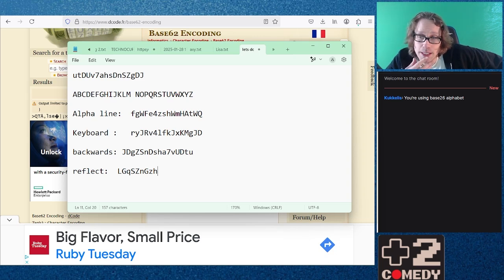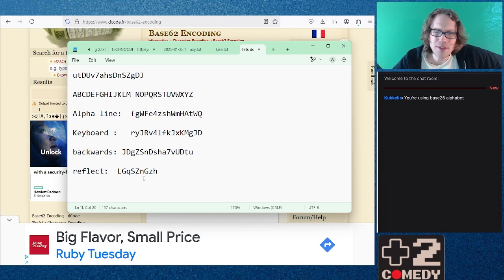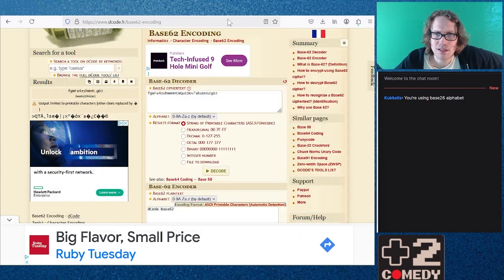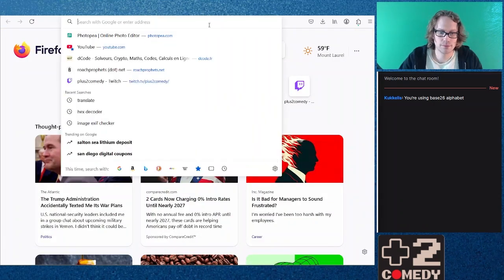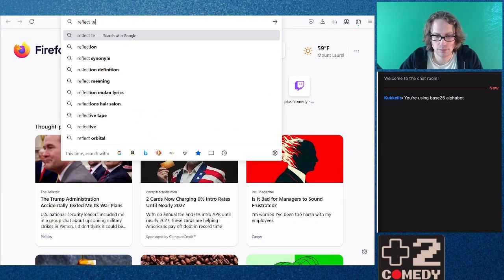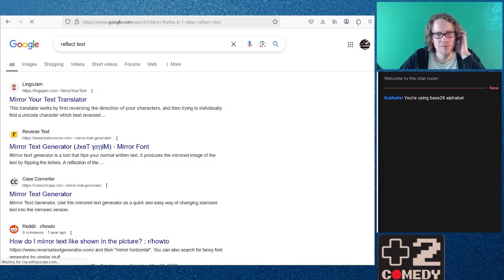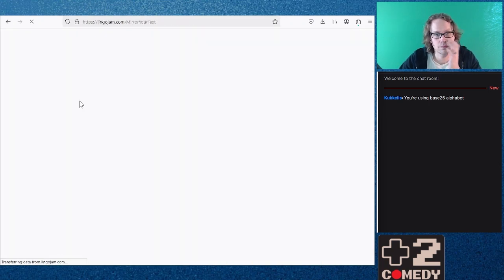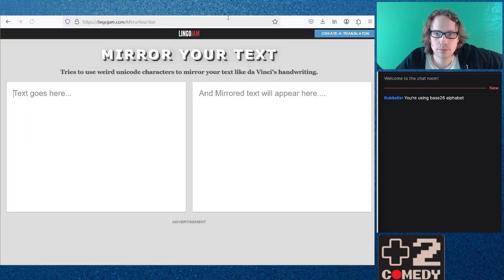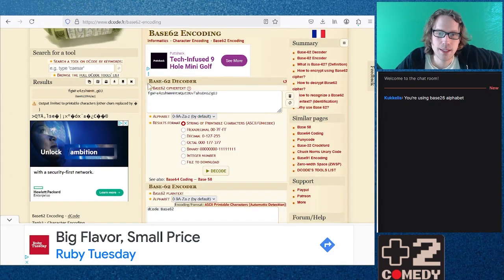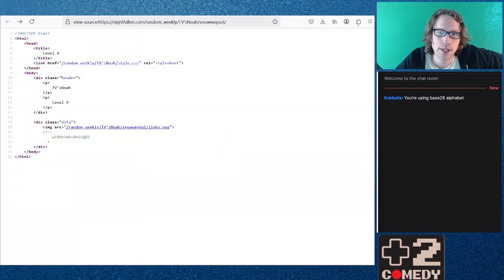I am using base 26. You think I should look at other characters? Is there something that does this? That's probably an easier way to do this, right?